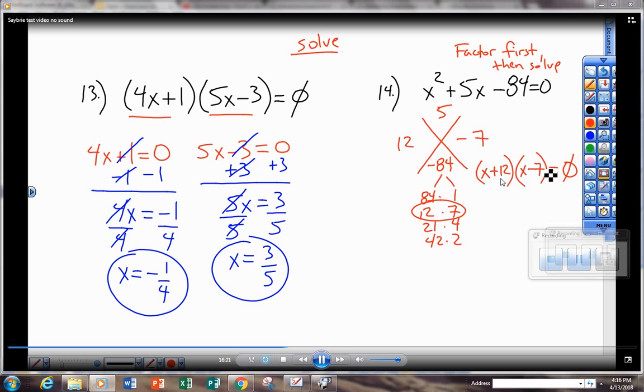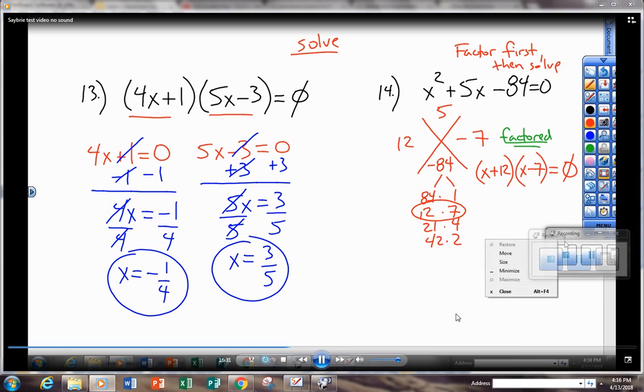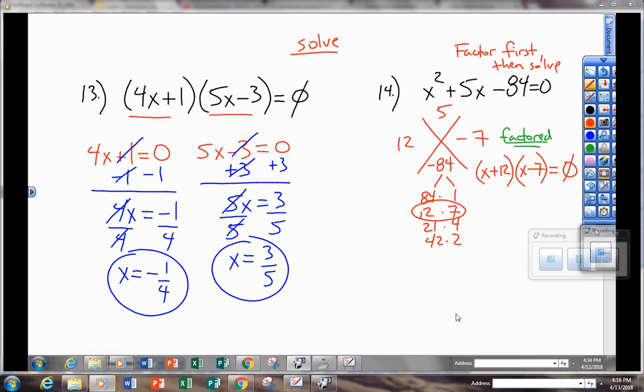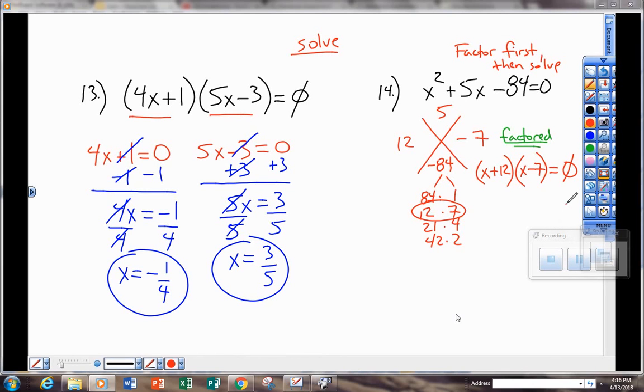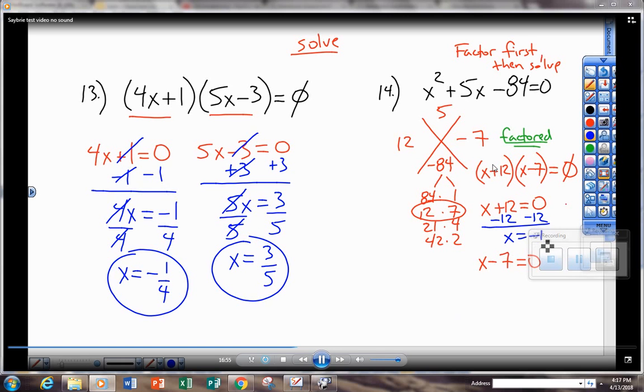Because when you set these equal to 0, you see that the answers are actually the opposite of these numbers. So x plus 12 equals 0, and then x minus 7 equals 0. x plus 12 equals 0, minus 12 on both sides gives me one answer, which is x equals negative 12, which is always the opposite when you just have x in there.